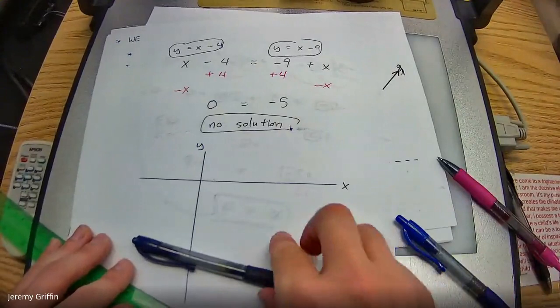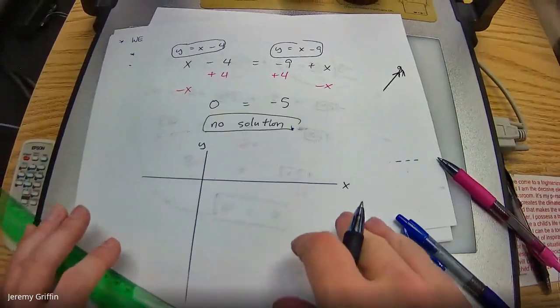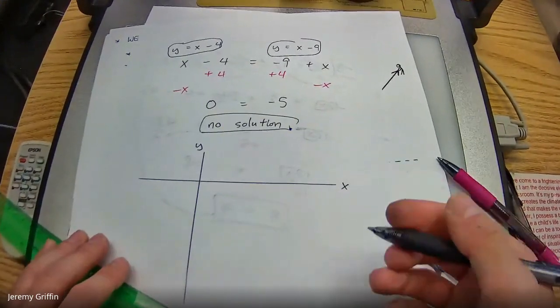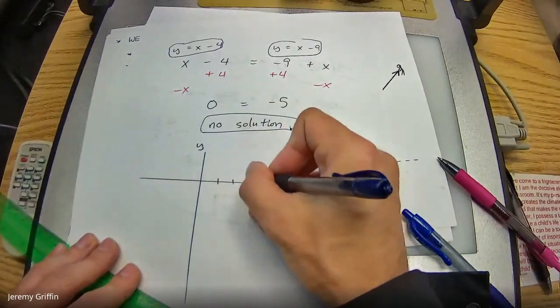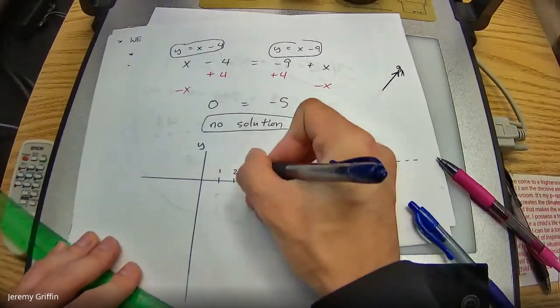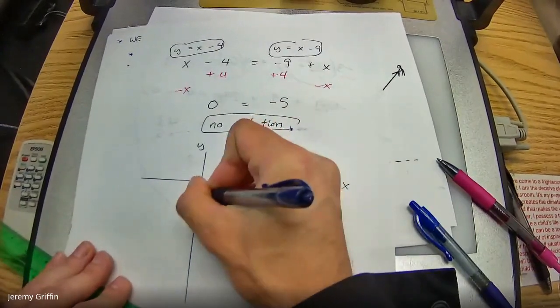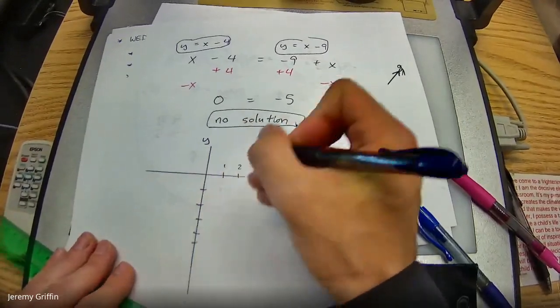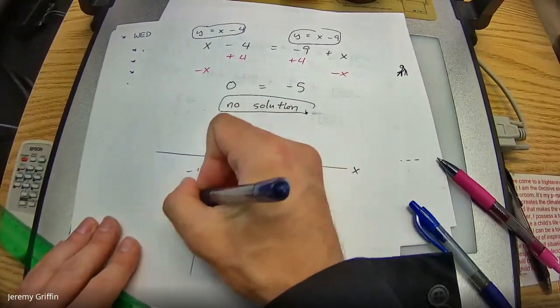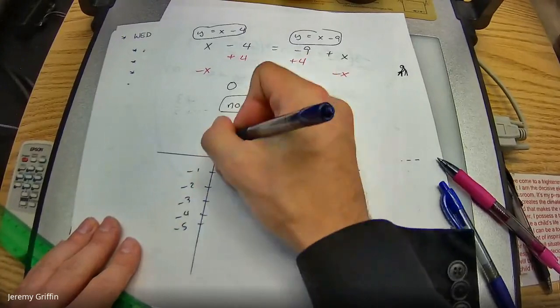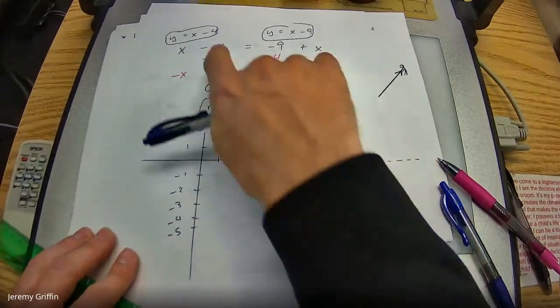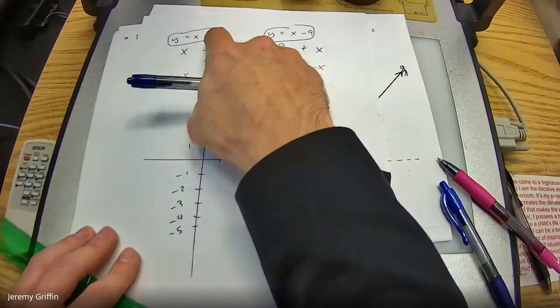Right? So if you're ever super stuck on graphing, you can always make an XY table, right? So x could be 1, 2, 3, 4, 5. Y could be mostly going to be negative territory on this one. -1, -2, -3. Right. Like that. Right, so if I plug in 0, 0 minus 4 is -4.